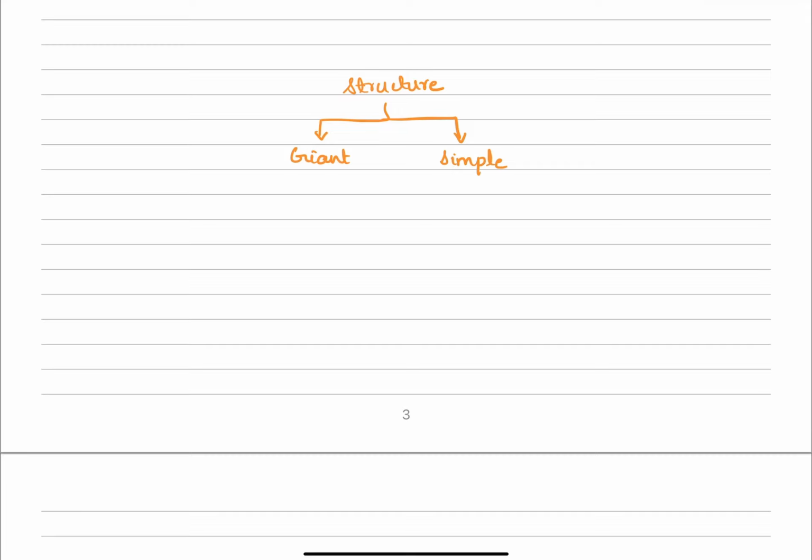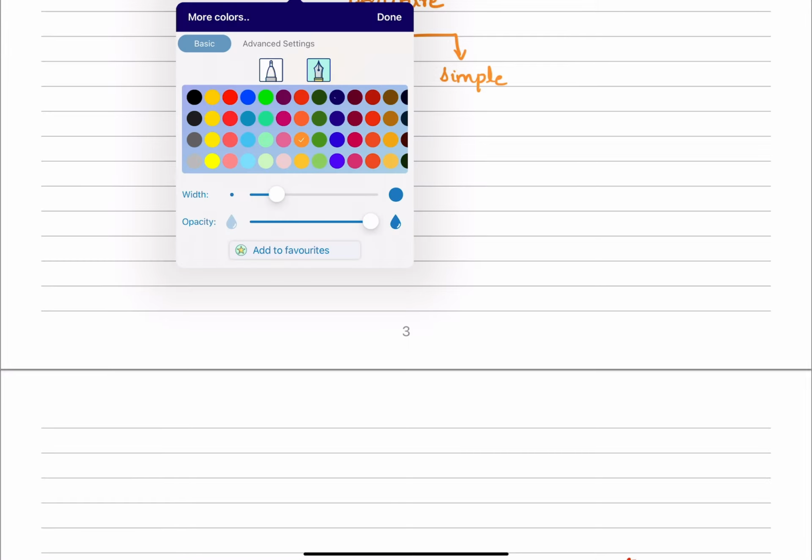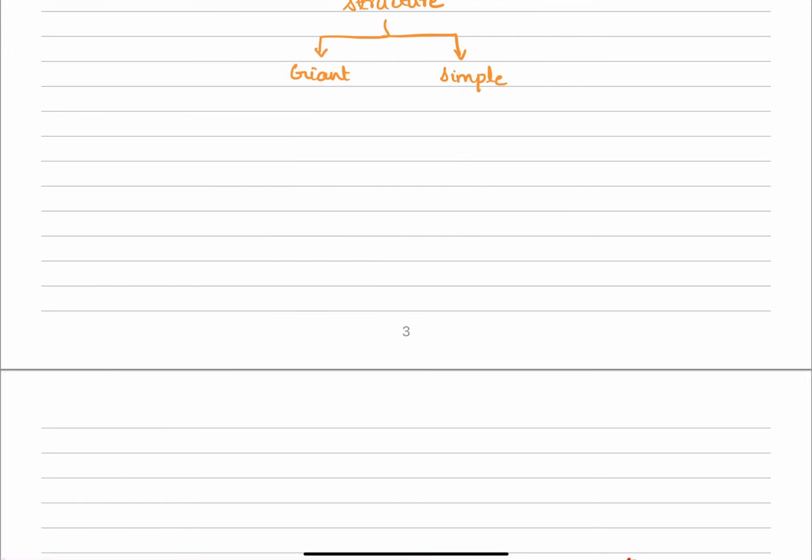For ionic compounds, these ionic compounds have a giant structure. So if I have to define the structure of an ionic compound, I will simply write a very important statement: ionic compounds have a giant lattice structure.